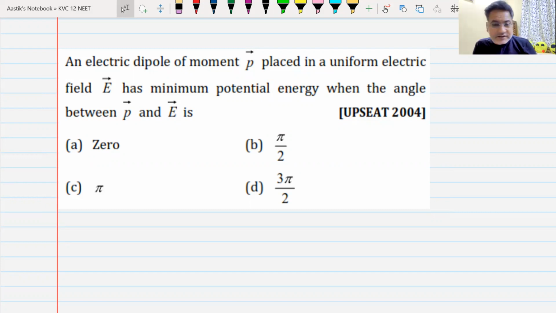Minimum potential energy. When does it occur, my dear friends? When do you have minimum potential energy?